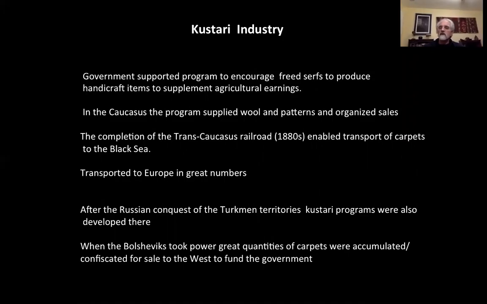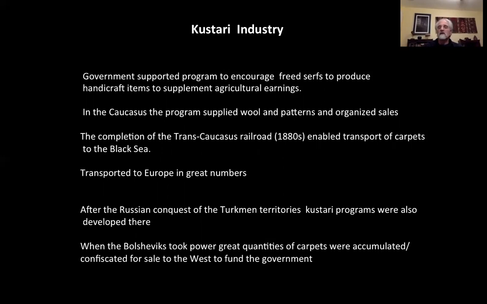And so these actually became pretty popular, and carpets in particular were produced in large amounts. They became items of trade. So it was one way for the village people, if you will, to make something that was saleable, and there was a market in the West.